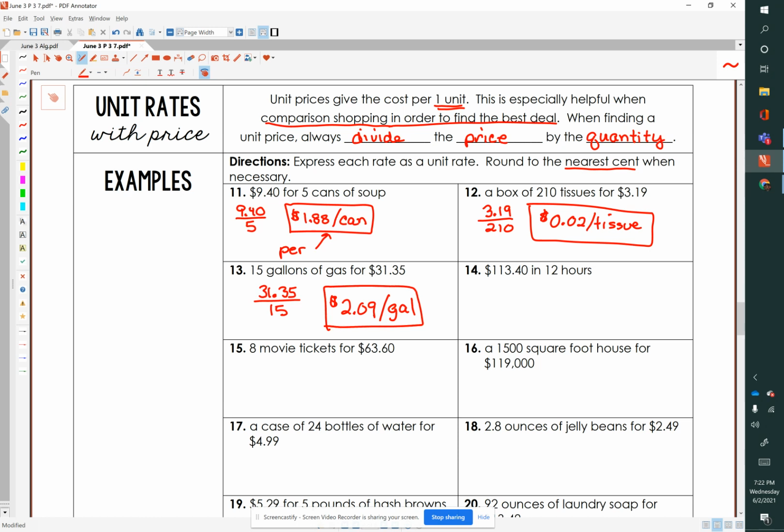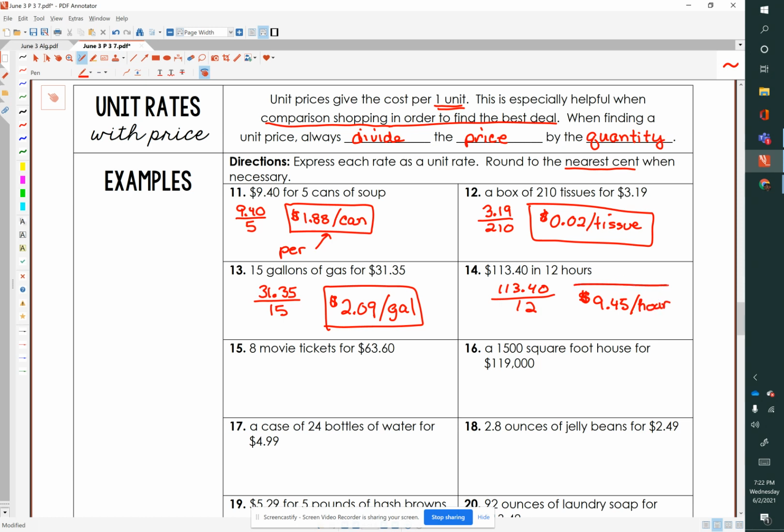And number 14, $113.40 in 12 hours. So that would be, I guess that's how much money someone earned, and that would be $9.45 per hour.